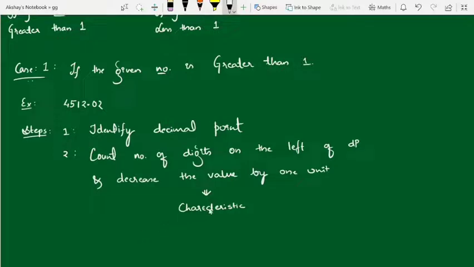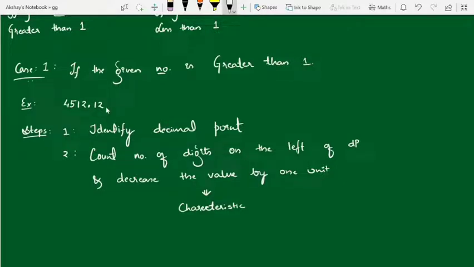Okay. So here you can just count. What we had written earlier, I had forgotten something. 2 digits we were having, no?